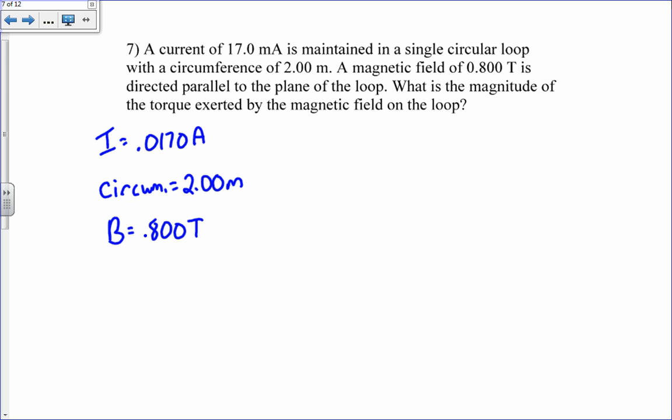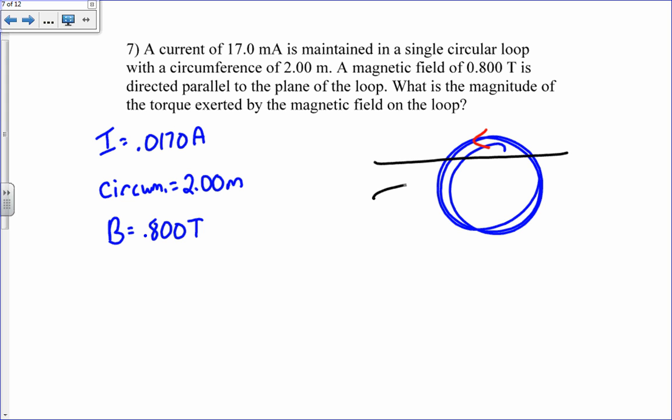So I have this loop of wire. I have a certain current flowing through that loop, and it sits within a magnetic field. This loop is allowed to spin, and when I put this current through the loop, it experiences a torque which causes it to spin.